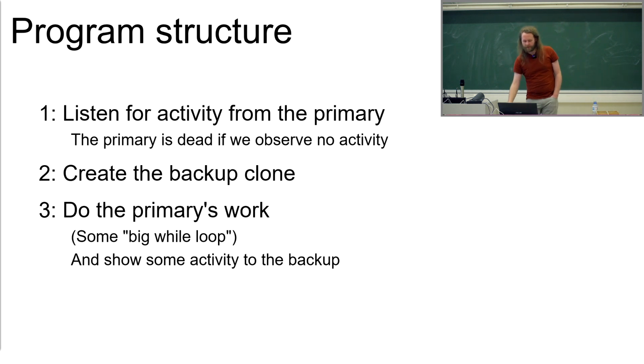We have one last thing that we need to do for process pairs in order to have full functionality, which is, well, it's the optional part. And the optional part is sharing the data so that the backup can continue where the primary left off instead of starting all the way from scratch.